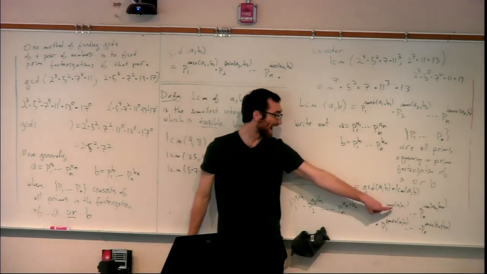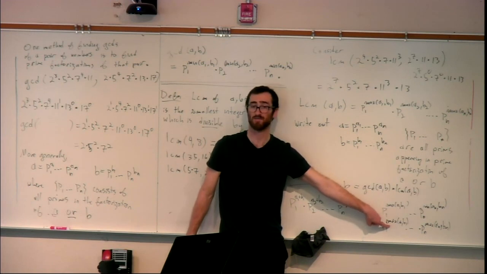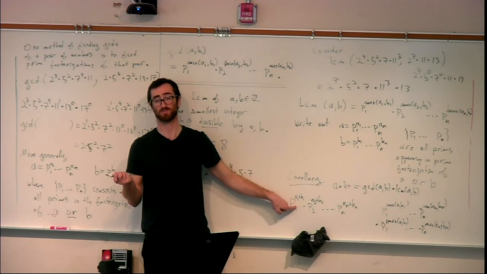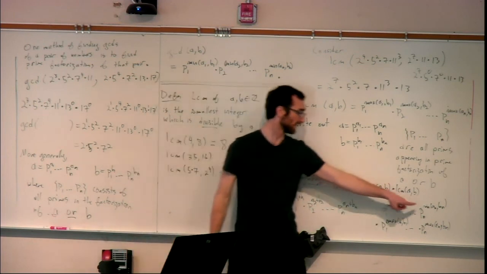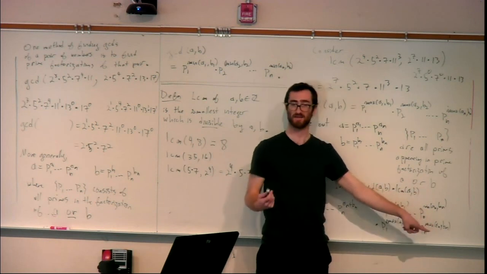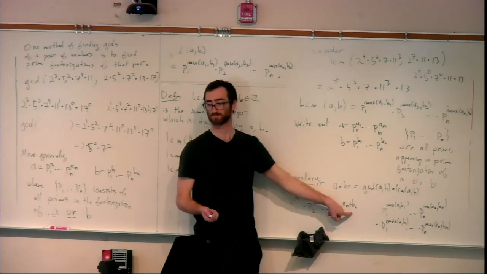And now I add the minimum of A1 and B1 to the maximum of A1 and B1, and I'll get exactly A1 plus B1. Similarly, if I add the min of An and Bn to the max of An and Bn, I get exactly An plus Bn.